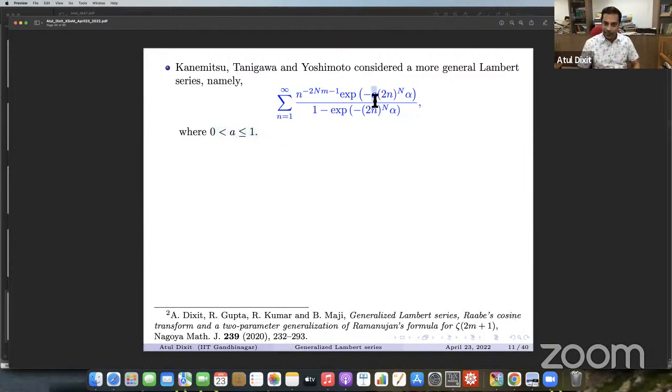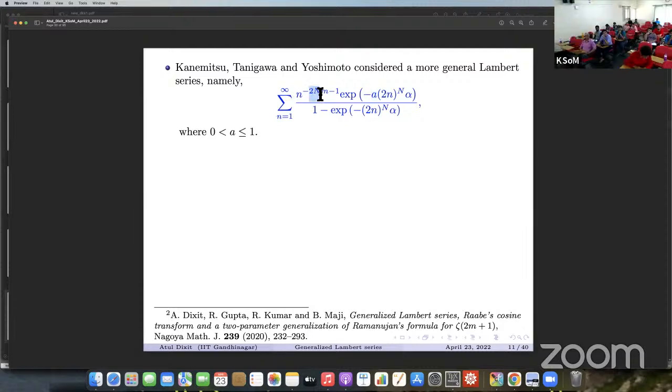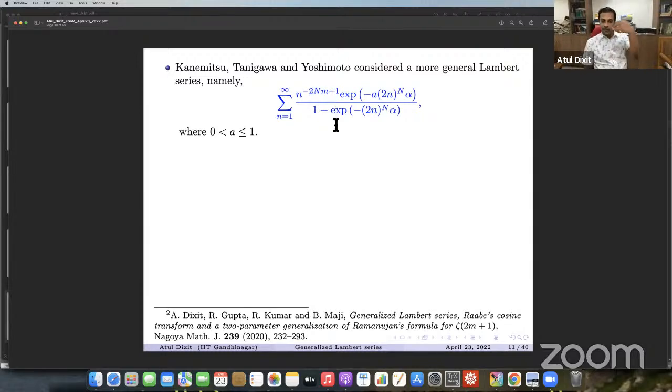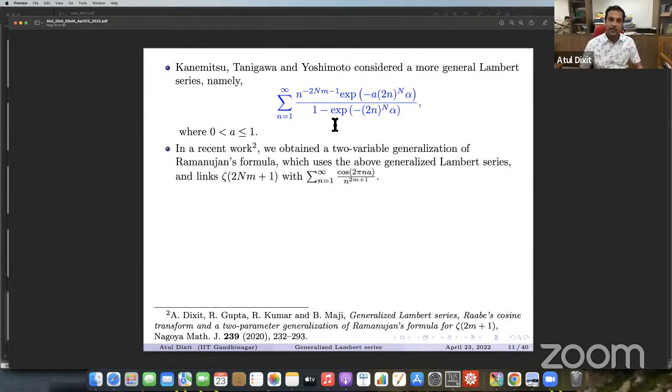So when I put a equal to 1, this will give us back the previous series. Actually, Kanemitsu, Tanigawa, and Yoshimoto considered without this minus 1. Sorry, there is a typo. But then we decided to work with this one and get a further generalization, which resulted in numerous corollaries, numerous important results as special cases.